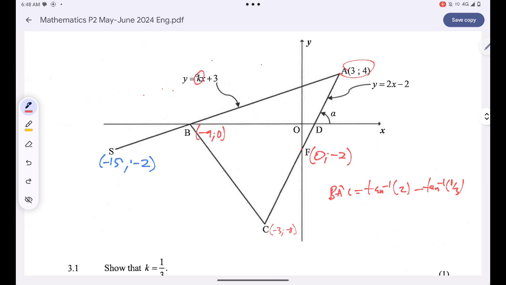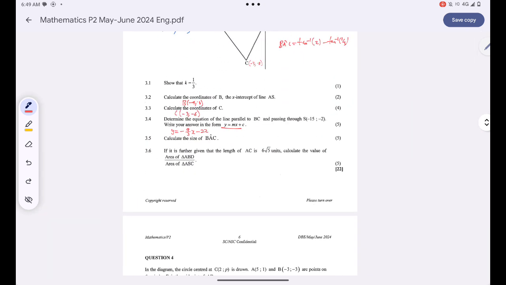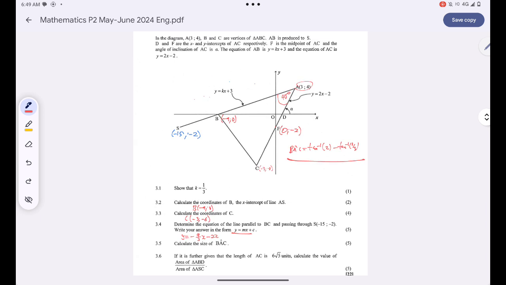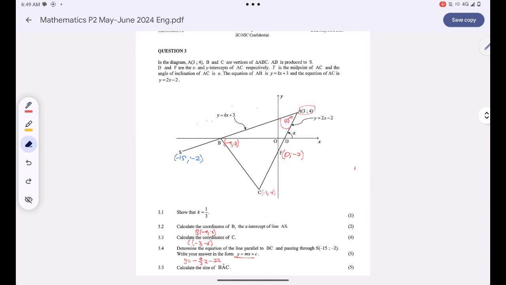Remember that the gradient over there is 1 over 3, right? So I'll simply say shift tan 2 minus shift tan 1 over 3. This will basically give me 45 degrees altogether. Always, guys, if you want to find the angle between two straight lines, just find the difference between the inclinations of the two straight lines. But since this question is just 5 marks, I don't think just writing this will get your full 5 marks. So you must do it step by step.